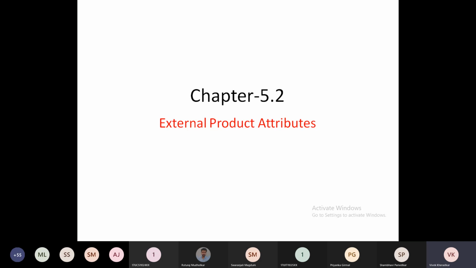The second kind of attributes of your software product is called external attributes. What is an external attribute? These are attributes which define the properties of your product, but which are not directly measurable. An external attribute is not dependent on a single attribute; it depends on many characteristics.